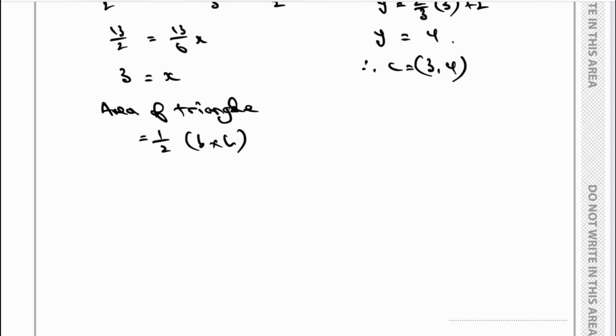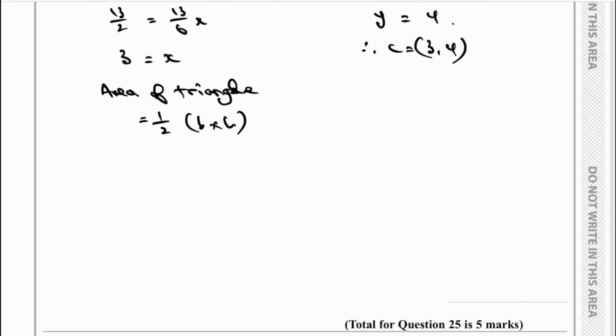And what we've got is something like that, where this is the y-axis and we've got a point here of 2, and this is also the y-axis, a point of 8.5, and we know that this length along here, which is the x-axis, is going to be a length of 3.